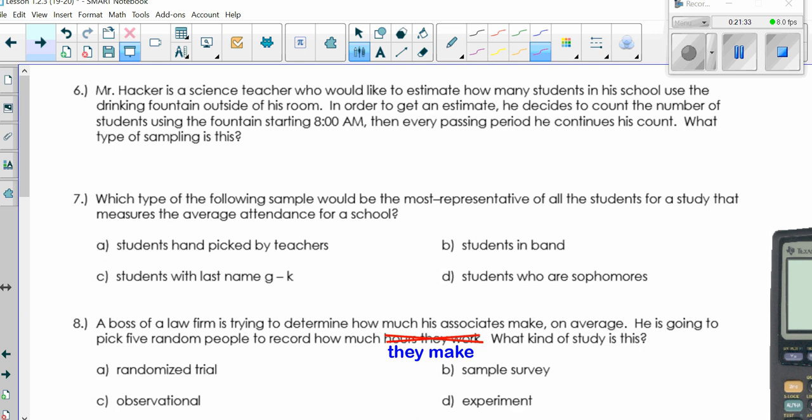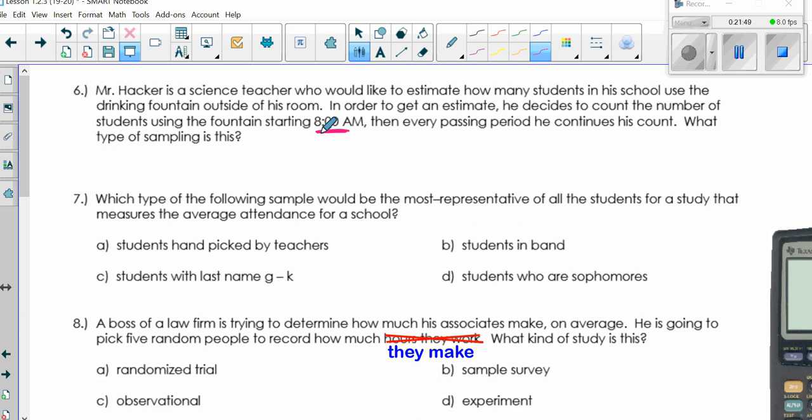In order to get an estimate, he decides to count the number of students using the fountain starting at 8 a.m. Then every passing period, he continues his count. What type of sampling is this?